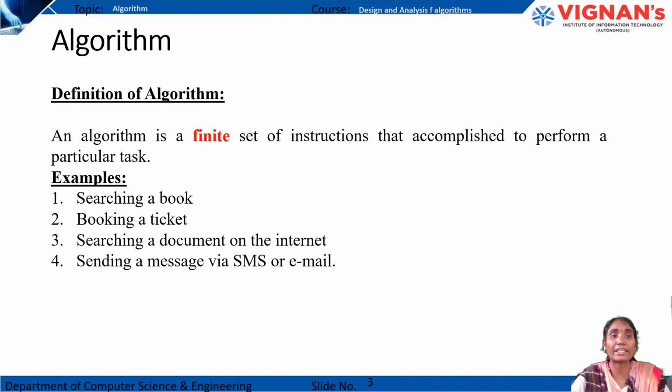Now coming to the examples: searching a book. For example, I went to a library and I am searching for a book whose name is Web Technologies, whose author is Chris Bates, and whose edition is the 3rd edition. My library consists of around 1 lakh books, so when I enter, I cannot immediately find the rack where it is available.